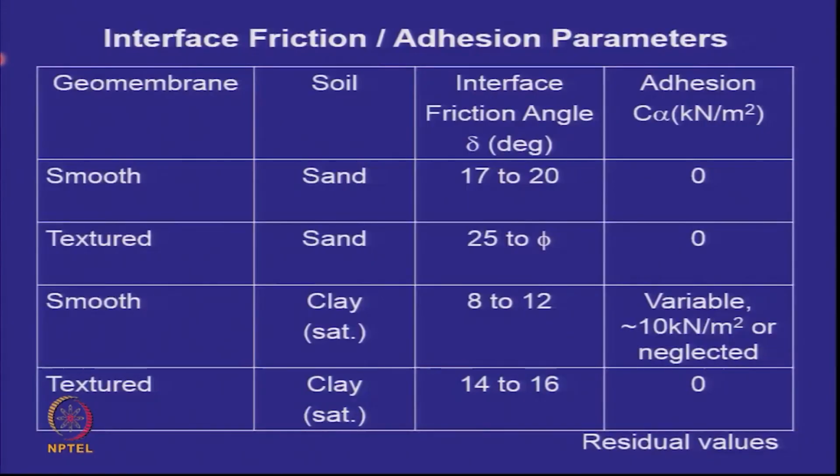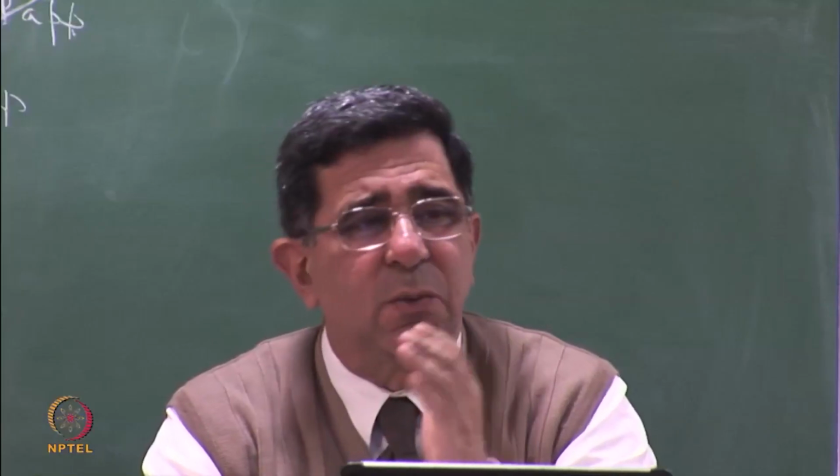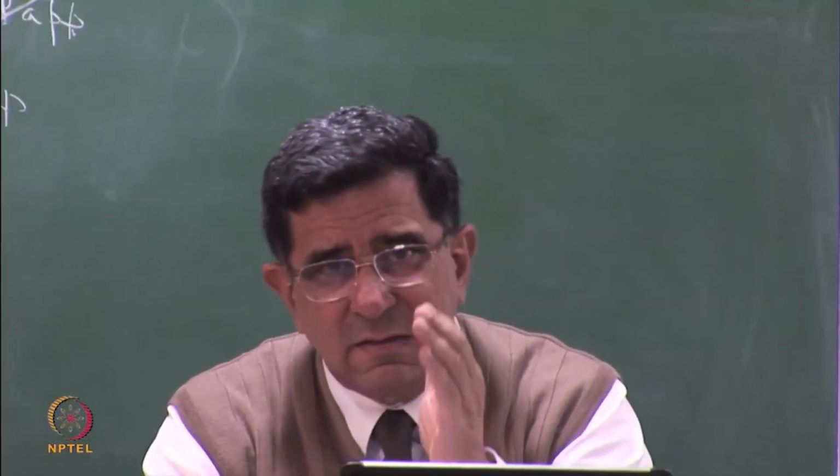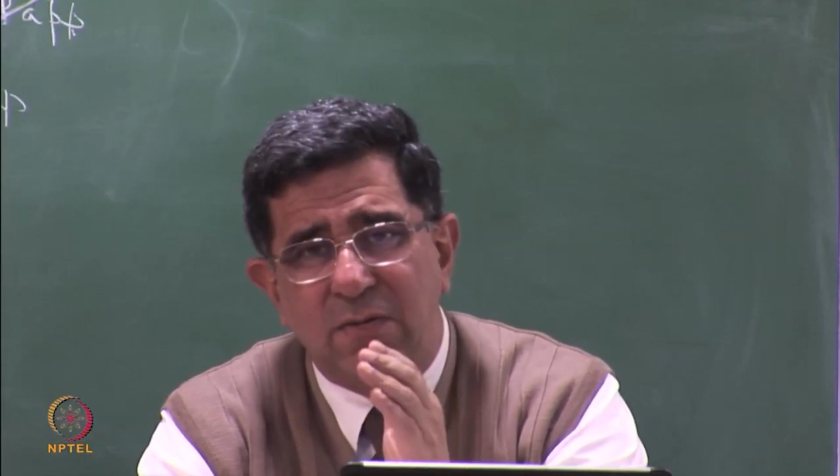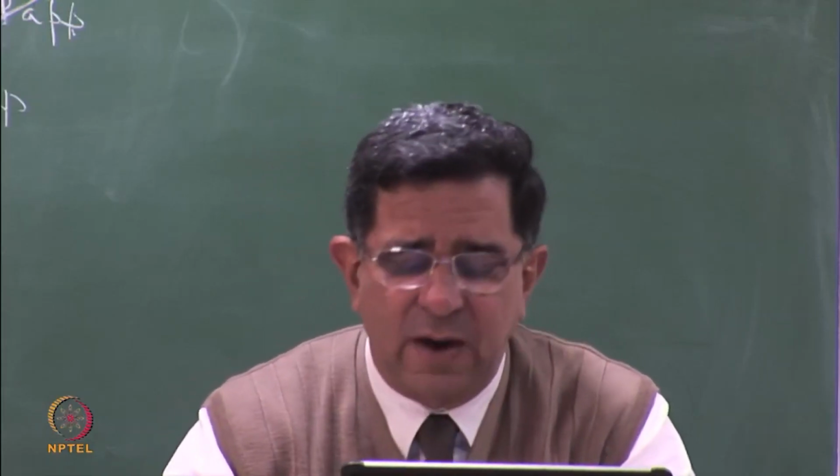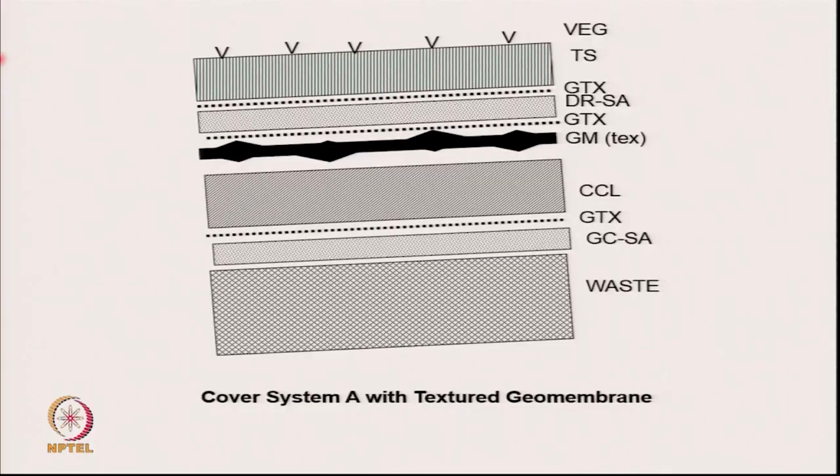So let's look at some angles. We talked about the fact that these interfaces are weak. So before we say that these interfaces are weak, let's look at what kind of c dash and phi dash values we have for soils.